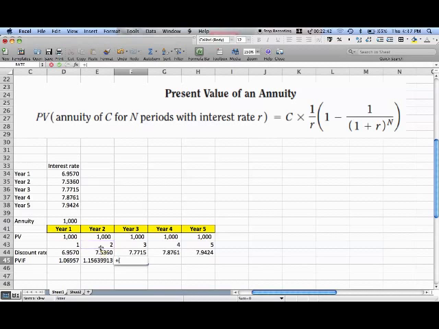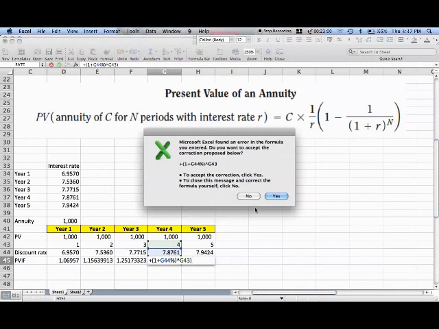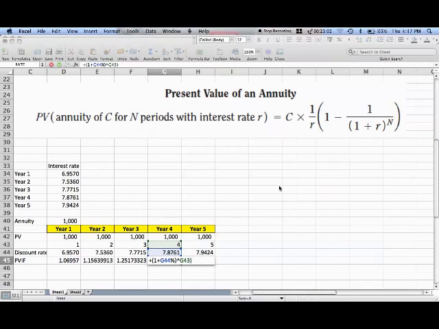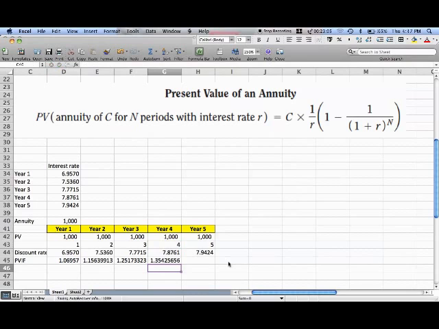And the third year, and the fourth year, and the fifth year.